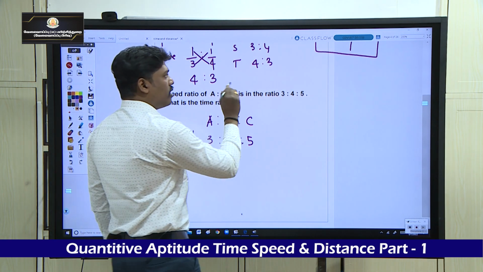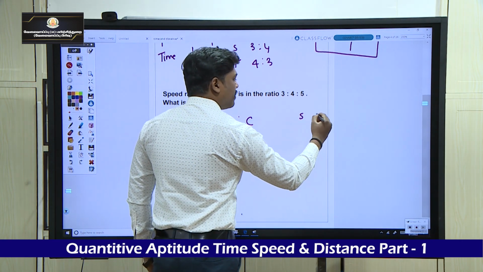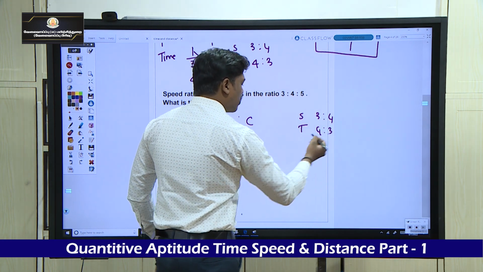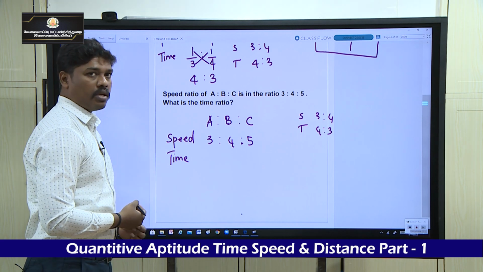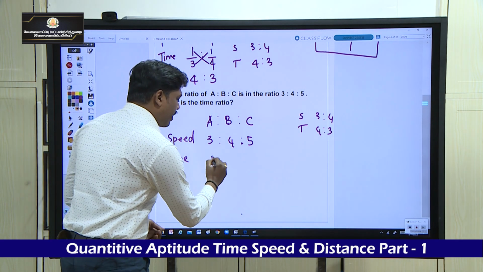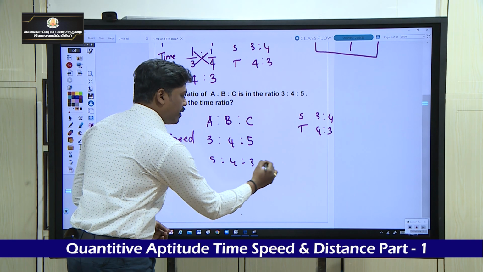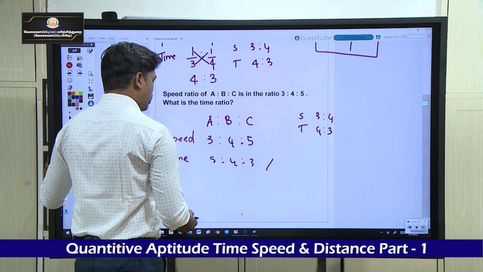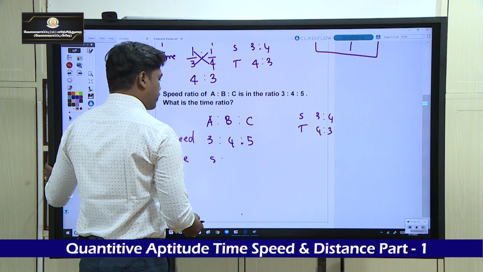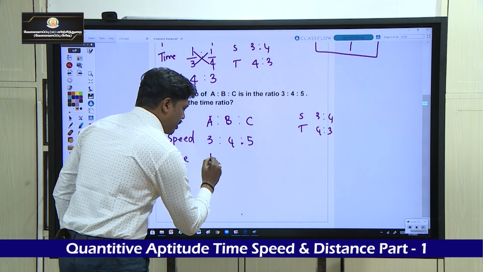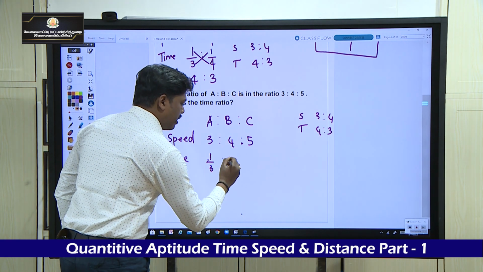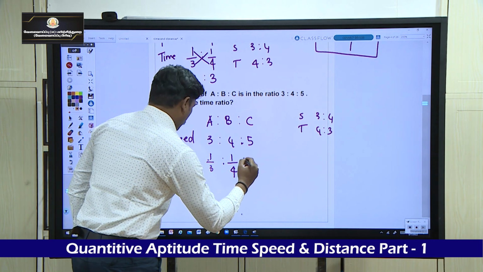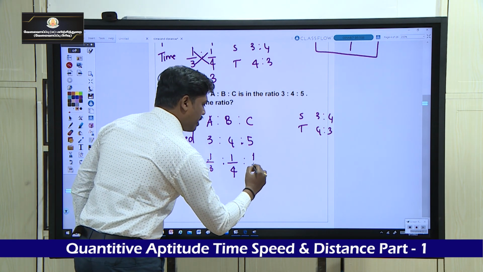Previously we saw speed ratio 3:4, time ratio would be 4:3. So what can we do here? We should not write 5:4:3. This one is totally wrong. What we can do is the basic steps. Inversely proportional. So for A it is 1/3, time for B would be 1/4, and time for C would be 1/5.